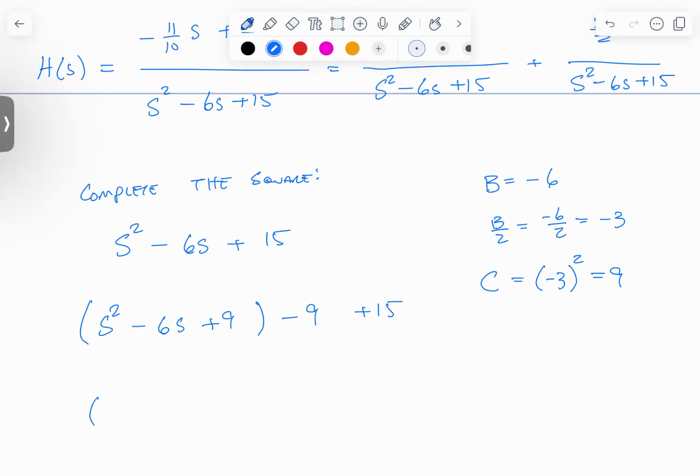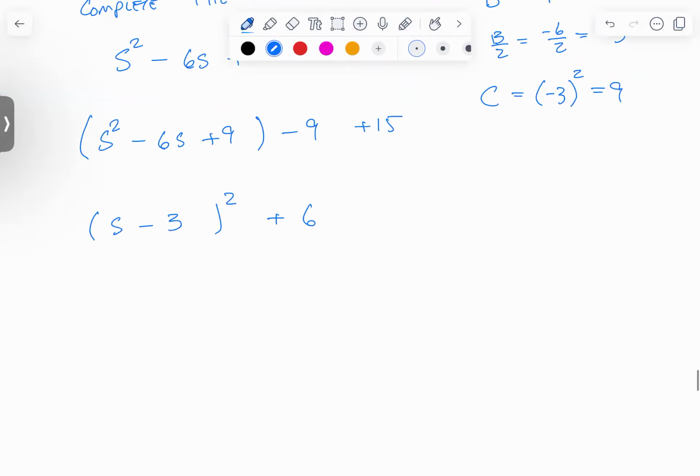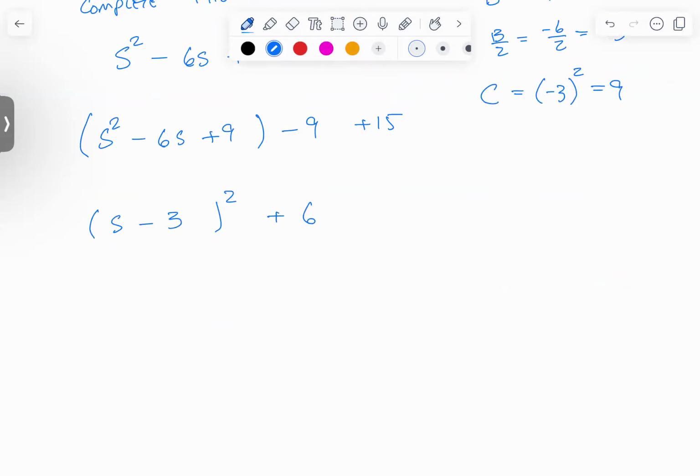This piece right here then becomes s minus 3 quantity squared. And at the end here, 11 minus 9. I have that. All right, now this is the denominator, right? So this is the denominator piece. Does that one start to look more familiar to something?